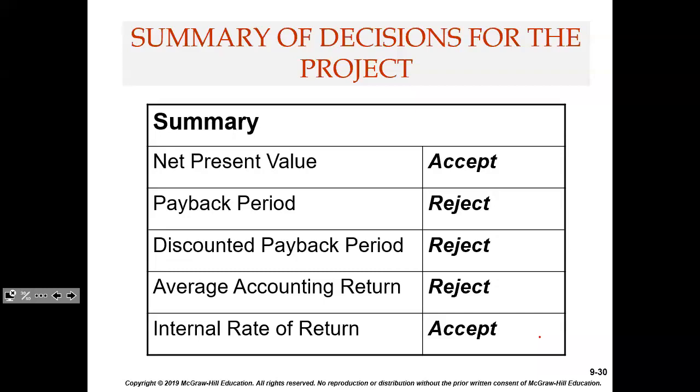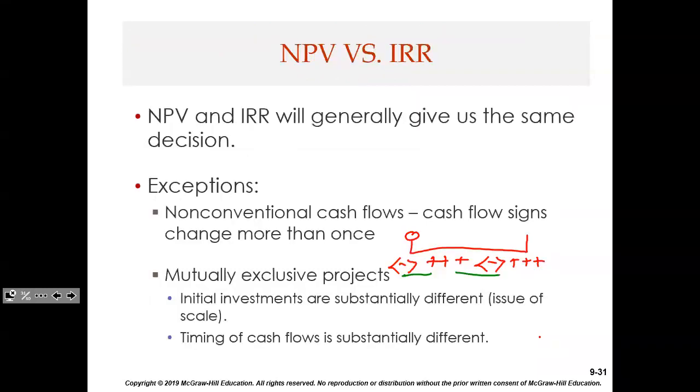Okay. All right. Now, there are some issues with net present value. Okay. Generally, we will get the same accept reject decision. There are a couple of exceptions. One of them is when we have what we call non-conventional cash flows. And what we mean by non-conventional cash flows is, and you can see that up here on this timeline, right?